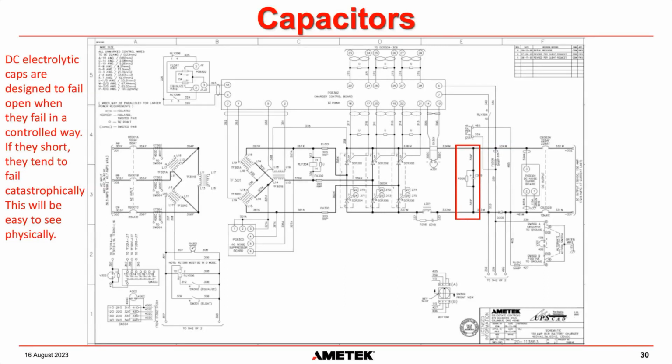The other thing that you can do is measure across the capacitors with a Fluke, and I don't know what that measurement is going to be. It depends how many capacitors you have in parallel and what value the dissipating resistor is across those capacitors.